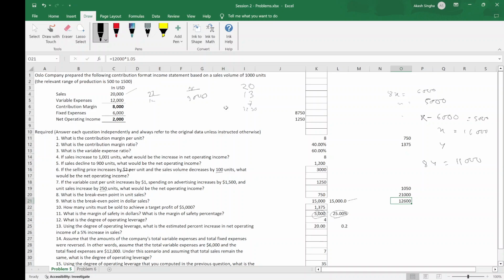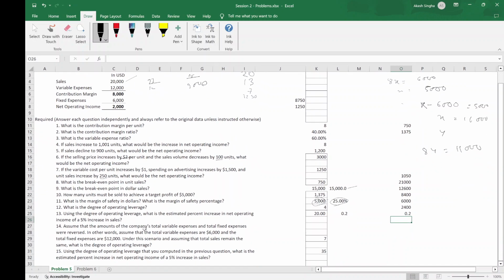So 1,050 into 12 is 12,600, our variable cost. So our contribution margin is 8,400, fixed expense is 6,000. So operating income is 2,400. How much is it increased from 2,000? It is 400. So the percentage is 400 from 2,000, which is 0.2, basically 20%.